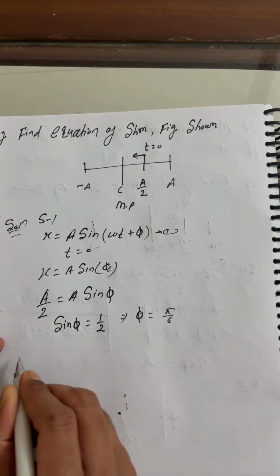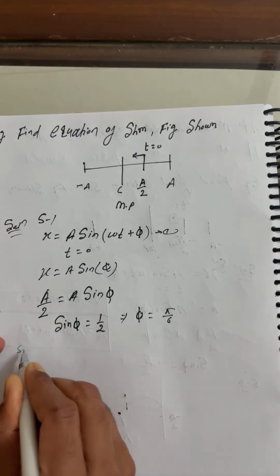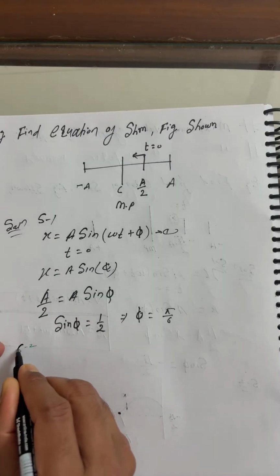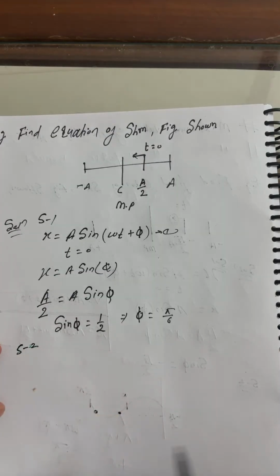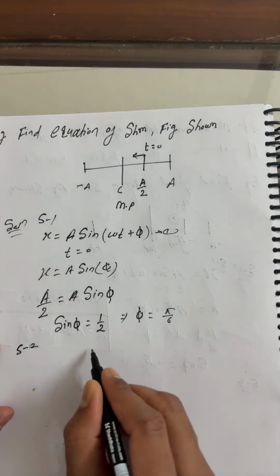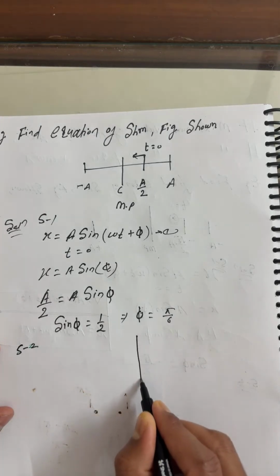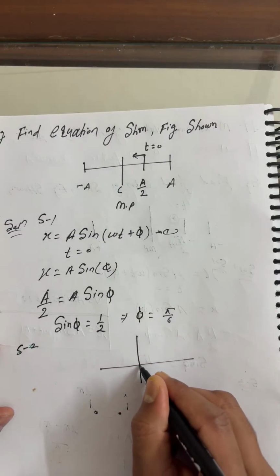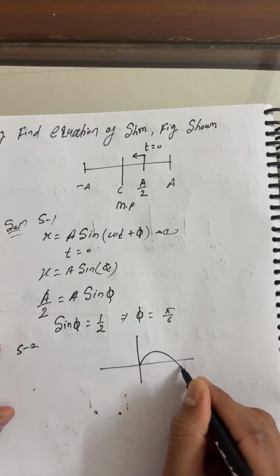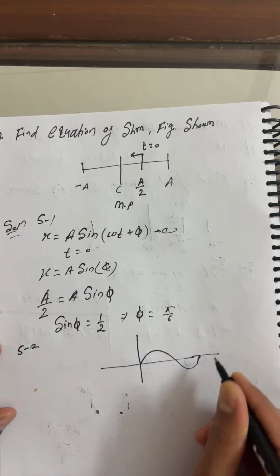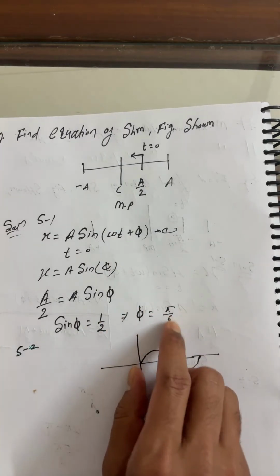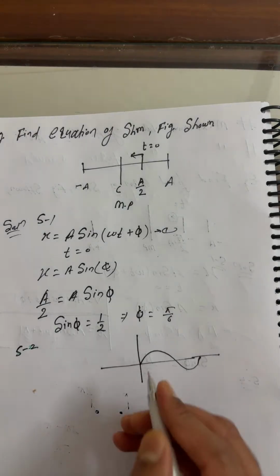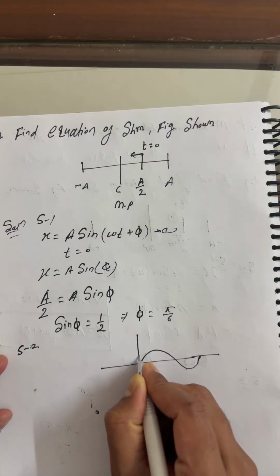But now have a look, step 2 for this question. Again we make a sinusoidal wave; you have to draw the sine wave again.